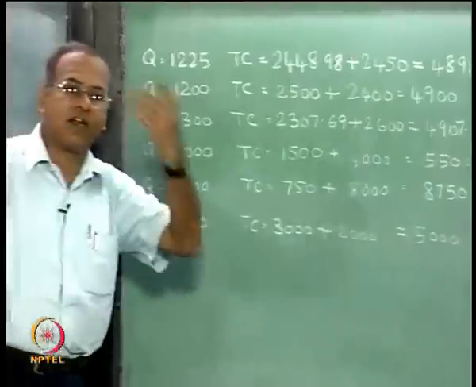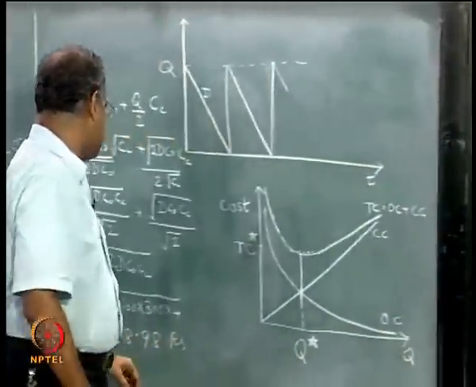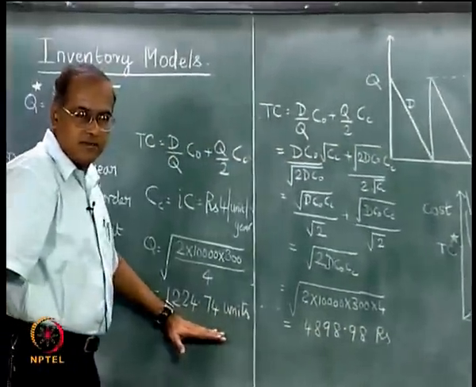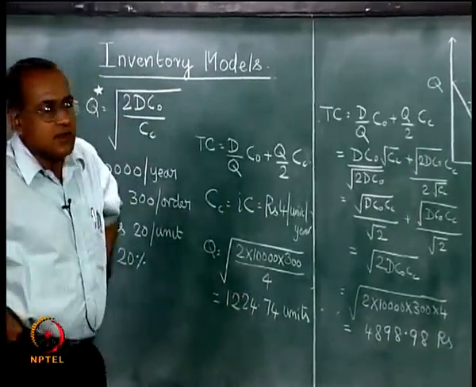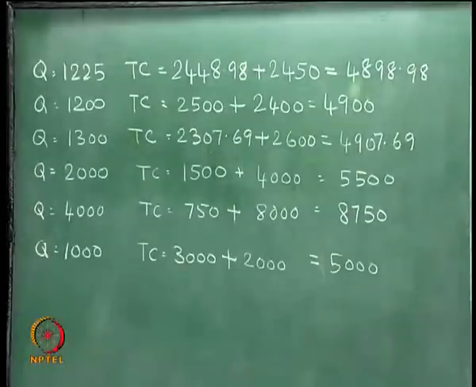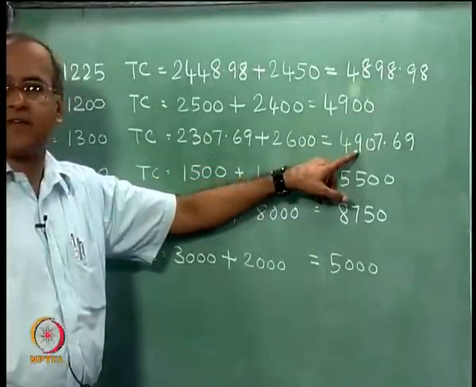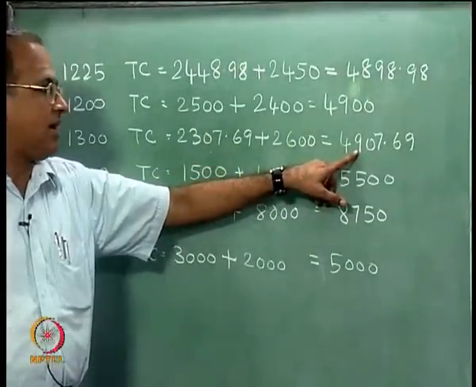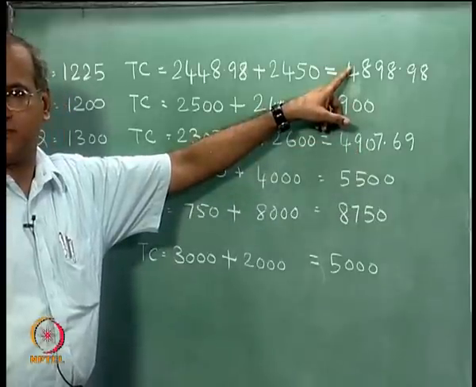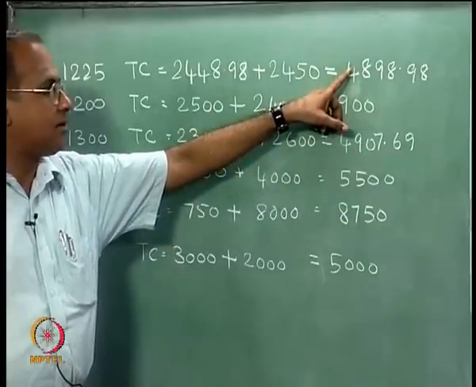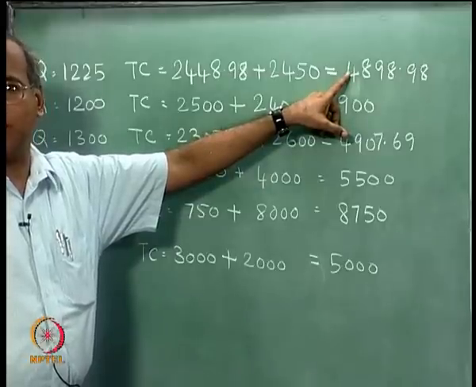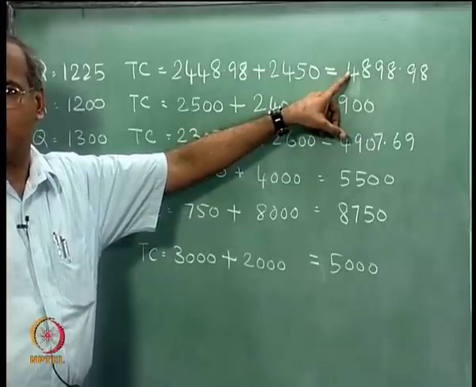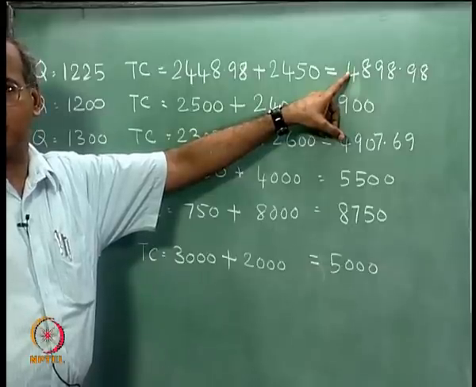Now, even if we round it off to the higher 100, which is 1300, an increase of about 75, we still realize that the total cost has just become 4907, which is about 8 rupees more. So, the increase is 8 rupees on 5000, which is 1.6 rupees on 1000 and 0.16 rupees on 100.